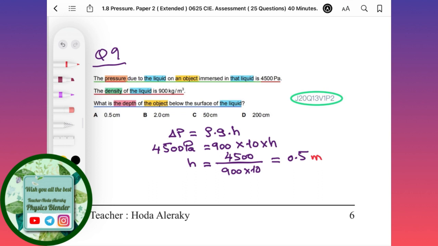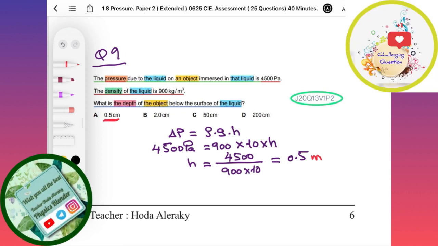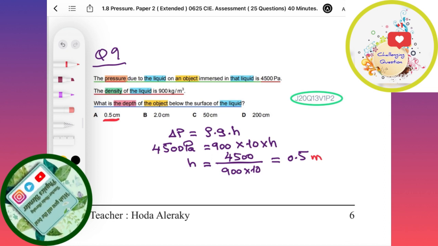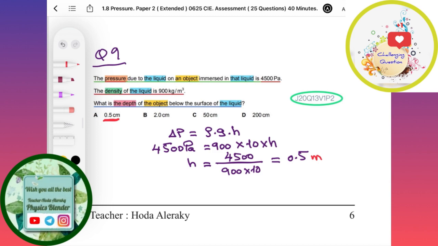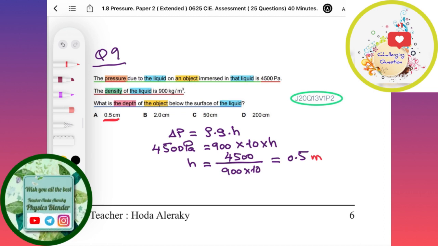Here you have 0.5, but you have 0.5 centimeter. If you choose A, your answer will not be correct. And also, your answer should be realistic. The object will not be below the surface of liquid 0.5 centimeter.